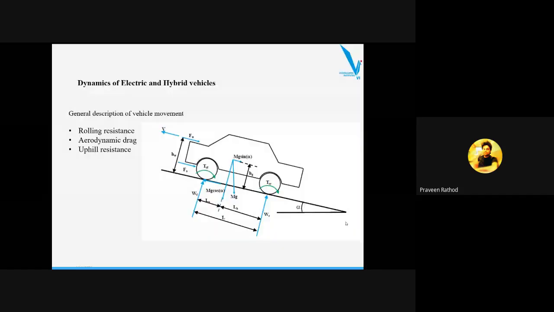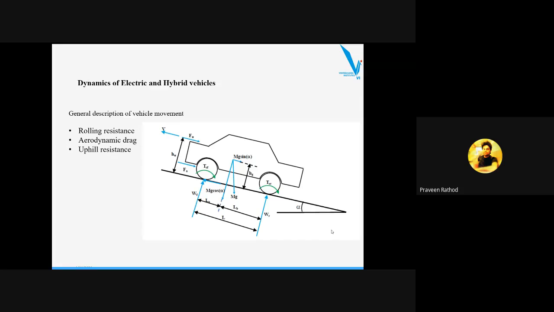When it is moving uphill, today we will see which forces are acting on it. And we will see some of the terms, how the performance of the vehicle is affected whenever we consider a normal internal combustion engine or any kind of vehicle.